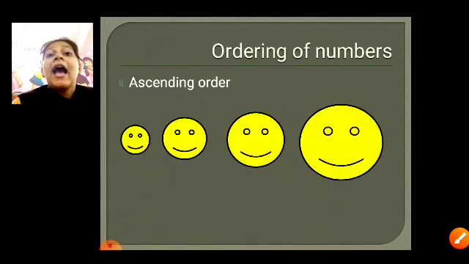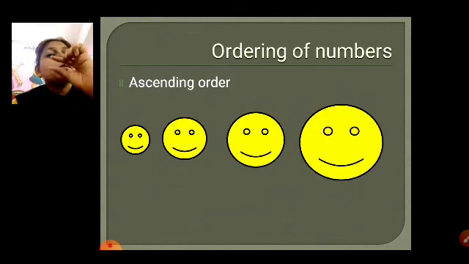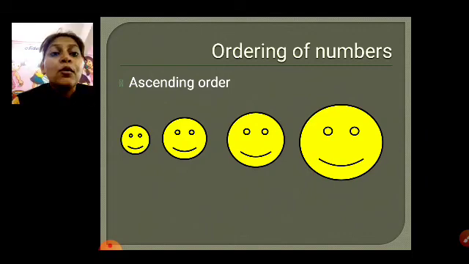Now see, ordering of the numbers, ascending order and descending order, right? So ascending order means we have to arrange the numbers from smallest to biggest. So here are the smileys: small, big, big and big. So smallest to biggest is the ascending order.